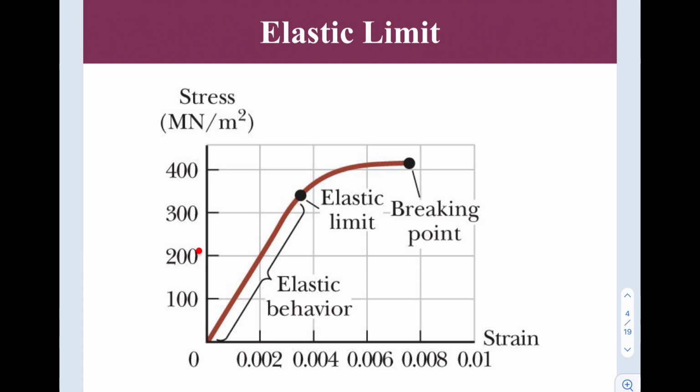After it reaches the elastic limit, when you keep on increasing the force, the stress, what will happen? It reaches one point which we name the elastic limit. When it has already reached the elastic limit, the response is going to increase slightly but almost reach a constant value.